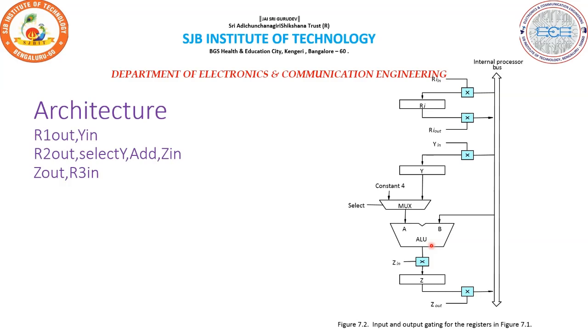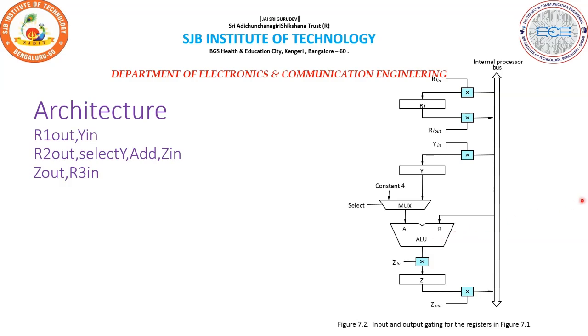This last transfer cannot be carried out during step 2 because only one register output can be transferred to the bus during any clock cycle. For operations such as add, subtract, XOR and so on, some degree of encoding is likely to be used. If the ALU can perform 8 different operations, 3 control signals would suffice to specify the required operation. So this is the execution flow of the instruction.